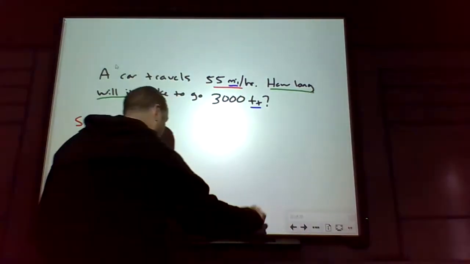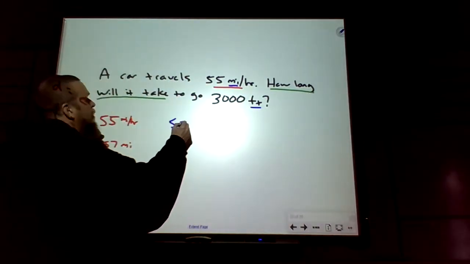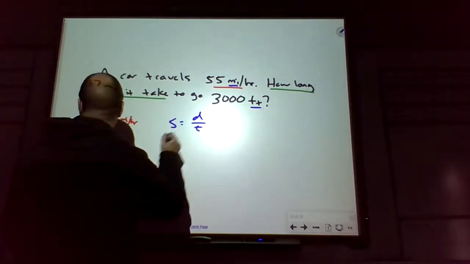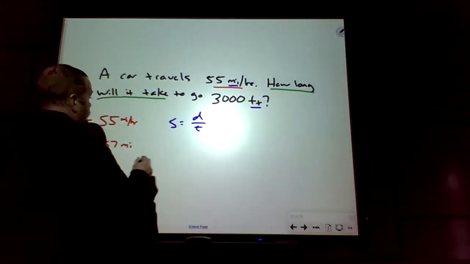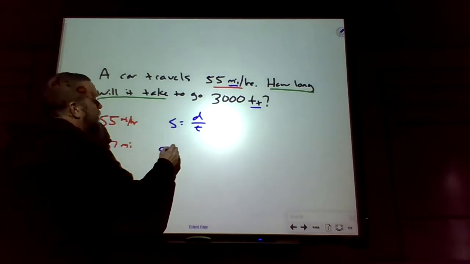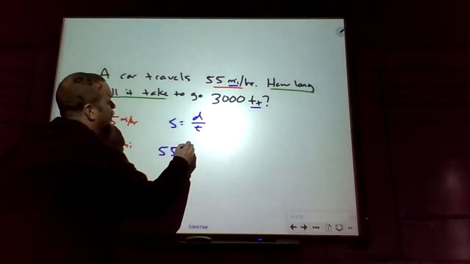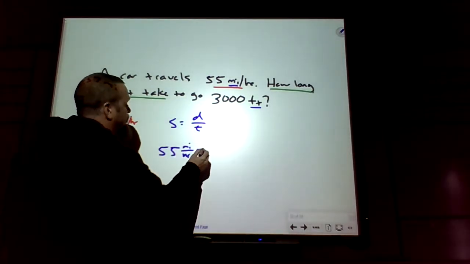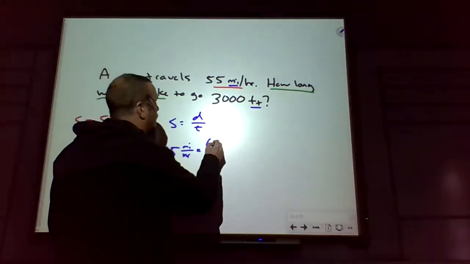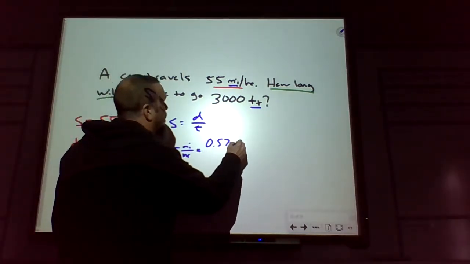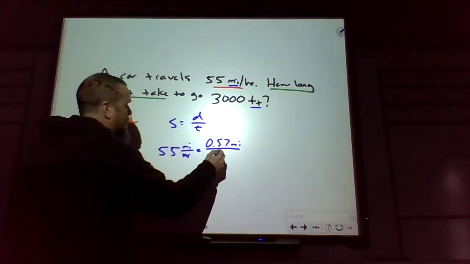And then from this point on, it's just the same as the one before. Speed equals distance over time. The speed is 55 miles per hour. The distance is 0.57 miles, and we're looking for time.